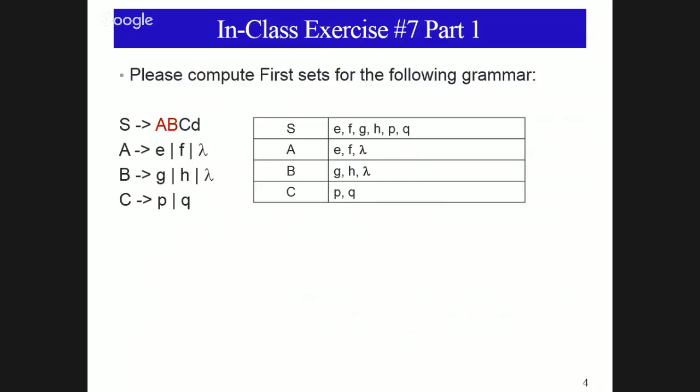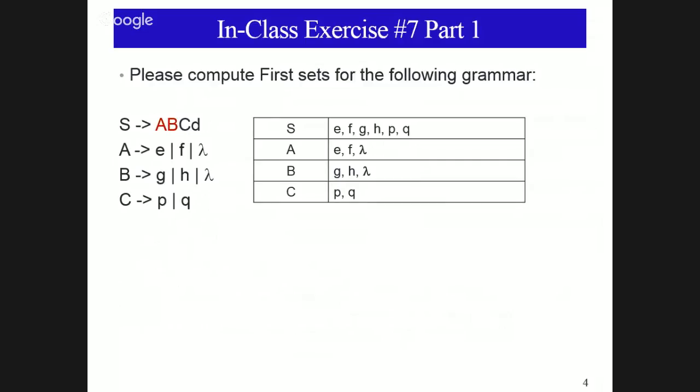So my first set has type in it. Some statements start with ID, X equals. Some statements start with a keyword: if, while, do, for. Those are all first sets.